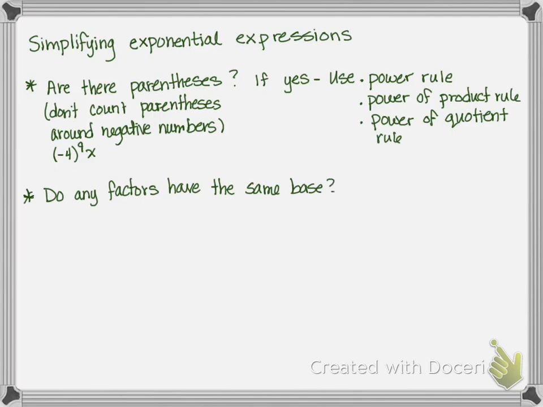For instance, if I have x to the 3rd times x to the 5th, then I'm multiplying two factors that have the same base, and we can use the product rule to combine those into a single factor. So if yes, you're going to use the product rule or the quotient rule.